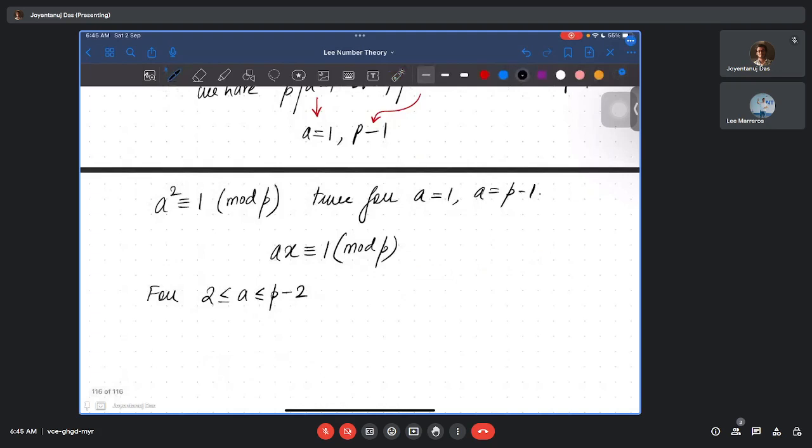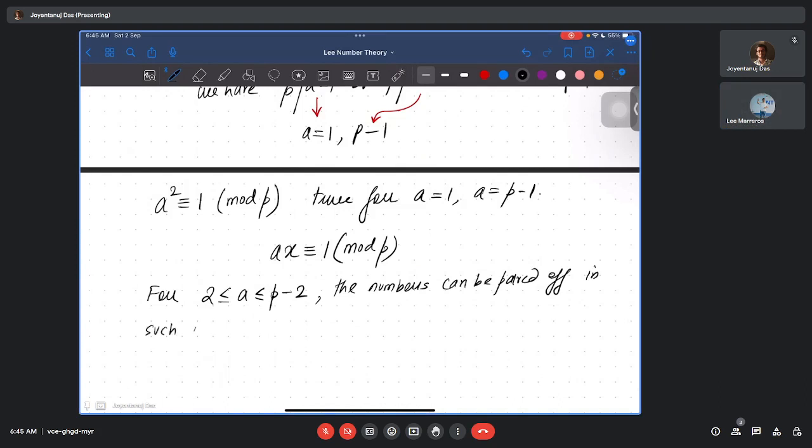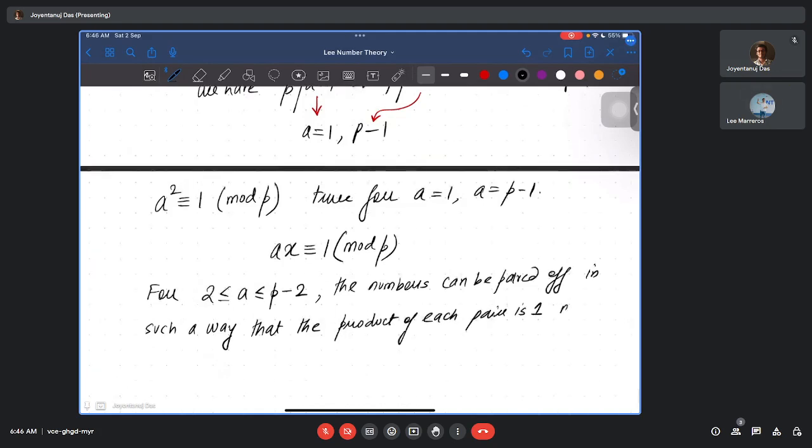For a in this range, the numbers can be paired in such a way that the product of each pair is 1 mod p.